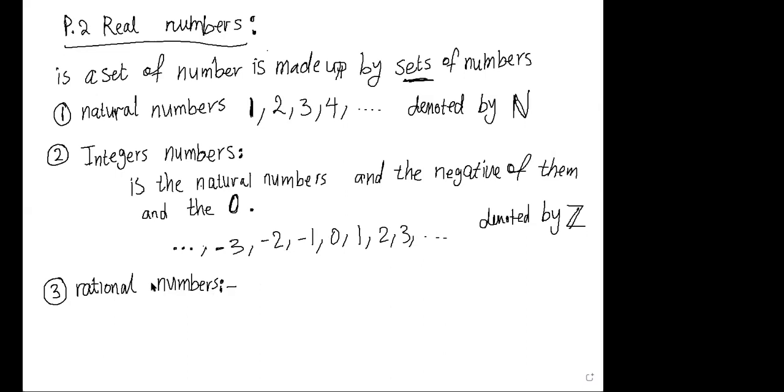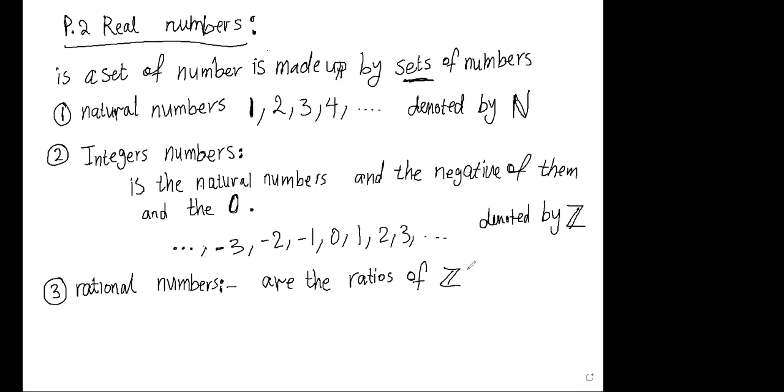So the rational numbers include the natural numbers, the integer numbers, and anything that looks like a ratio, anything like a fraction. I can define them as the ratios of integers.